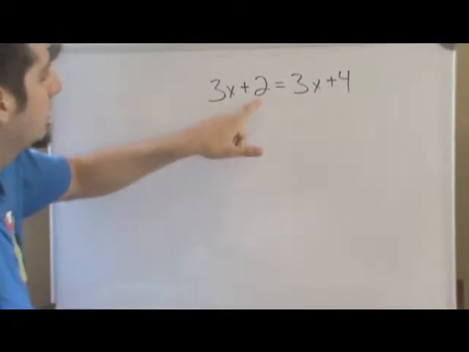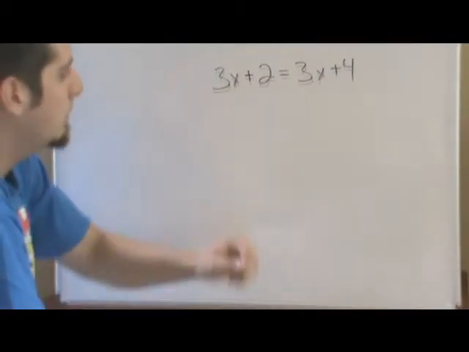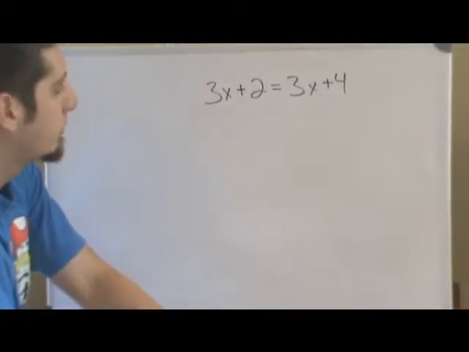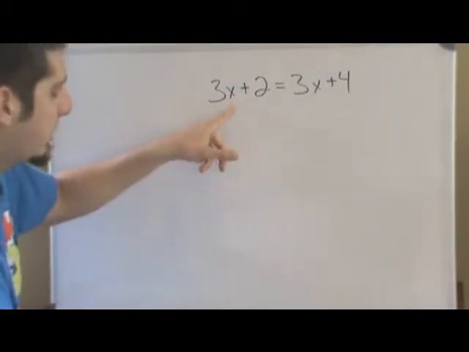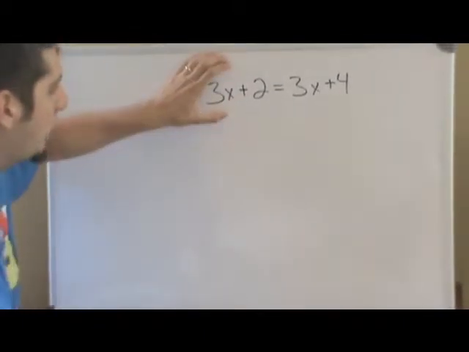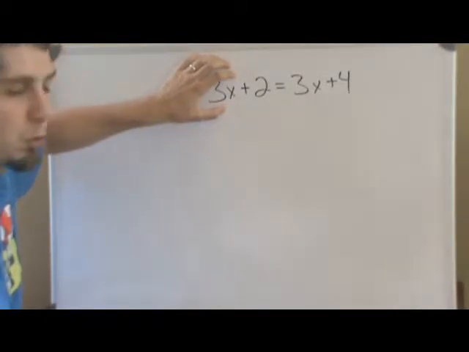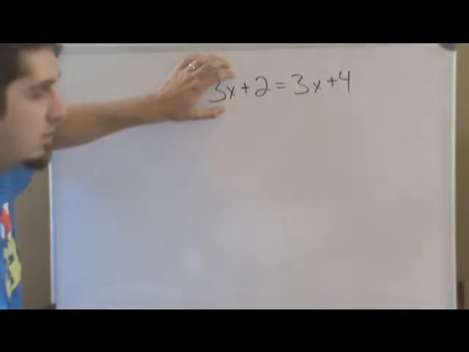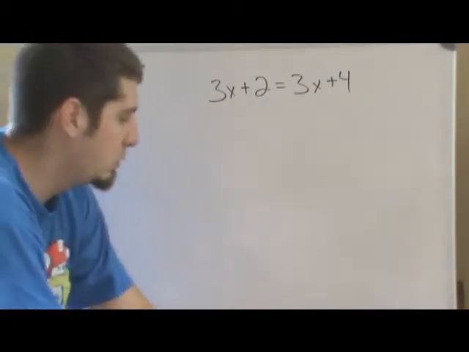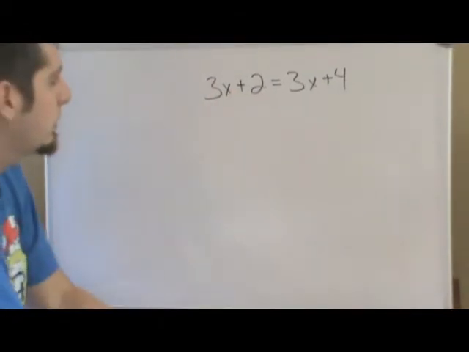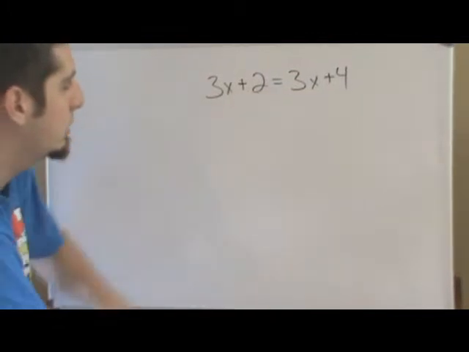But the number that is not connected to the variable is different for both of them. So it doesn't matter what number I plug in for x, because remember, x is the variable. x is what can change about this equation. So that's typically where you have a little bit of leeway to make these expressions equal to each other.